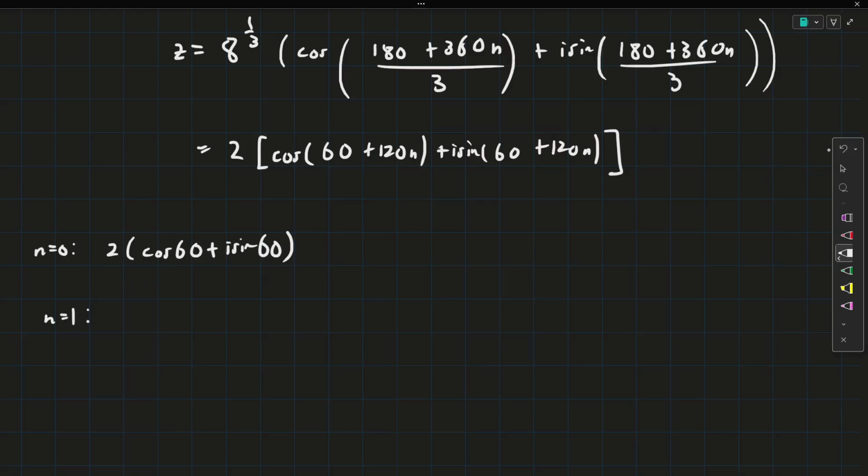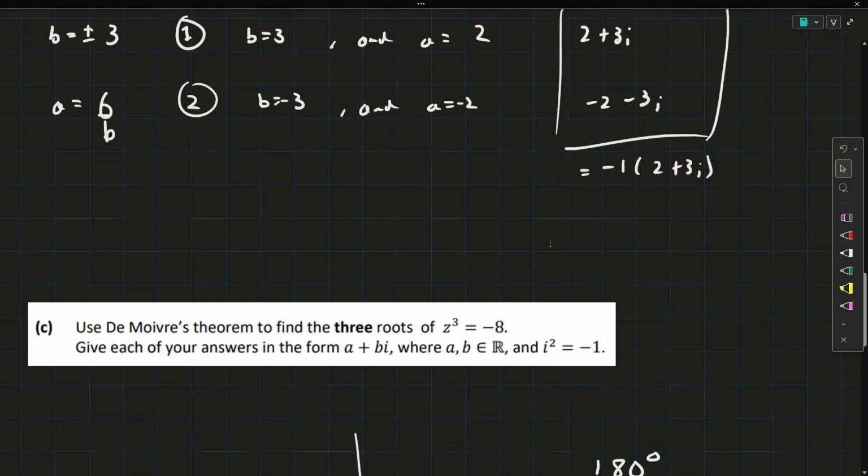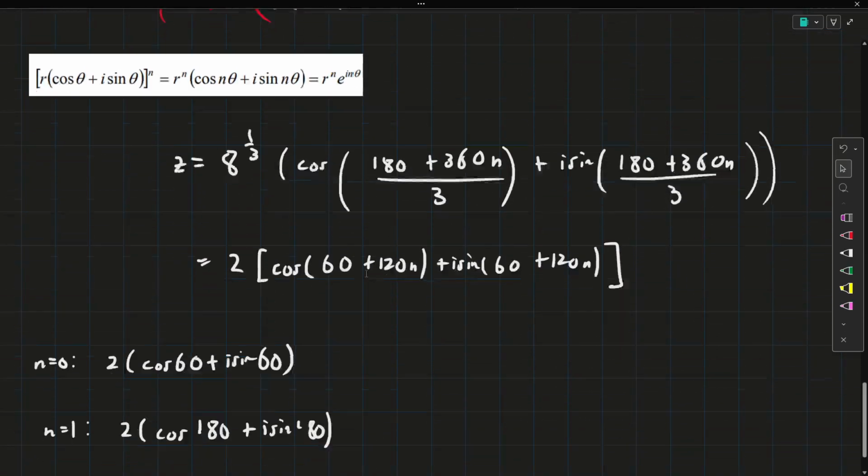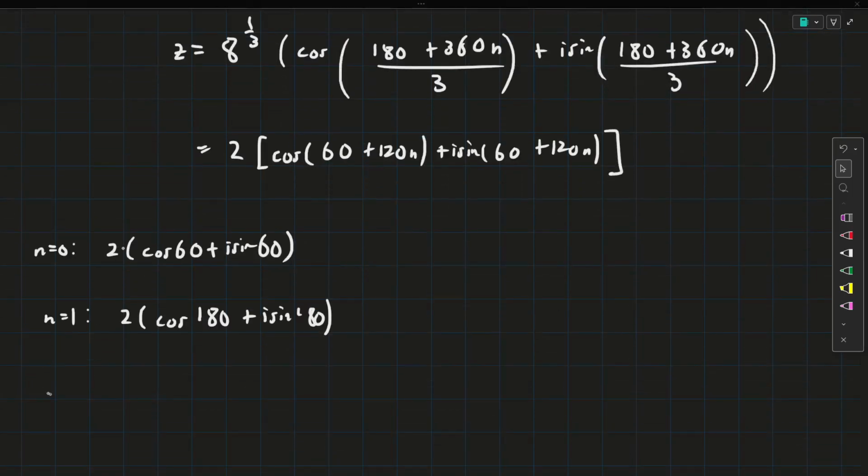For n equals 1, we'll get 2 times cos 180 plus i sine 180, and this one should make sense, because remember that cos 180 is -1, sine 180 is 0, so this will be 2 multiplied by -1, so it's -2, and when you cube -2, you get -8, as we have here, so that makes sense. And then finally, we can do n equals 2, and we'll end up having 2 times cos 300 plus i sine 300, and then you just need to write those in rectangular form.